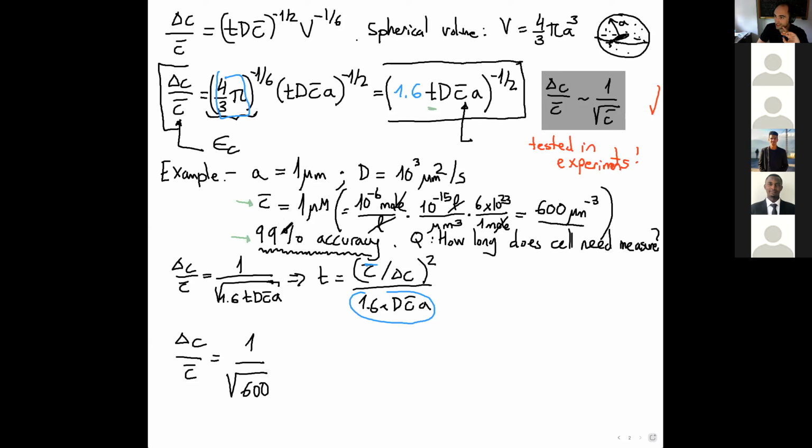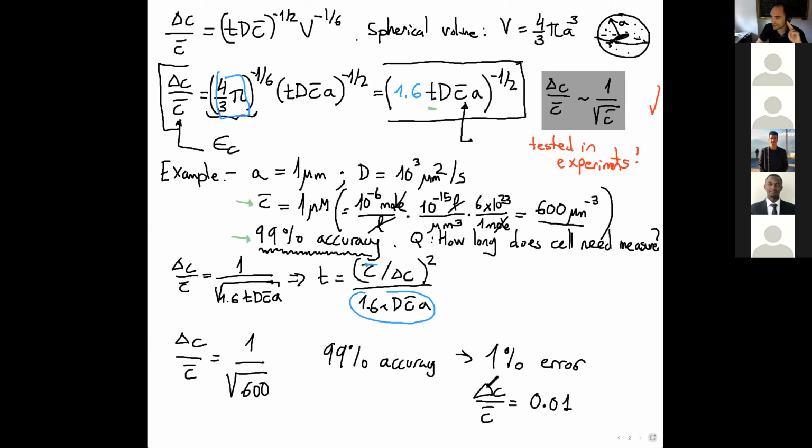If I have 99% accuracy, it means that I have an error of 1%. An error of 1%, as a fraction of 1, means that my standard deviation divided by my mean should be 0.01.